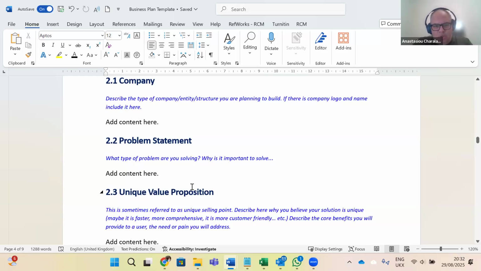Now, section 2.2 is the problem statement. What exactly are you solving? This is where you will convince somebody that you're solving an important problem and that there are many people interested in having this problem solved. So for example, you could say you're making taxis more affordable.